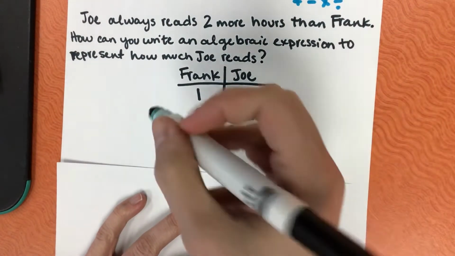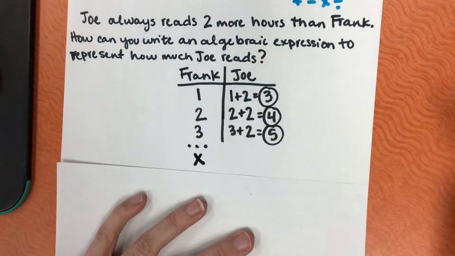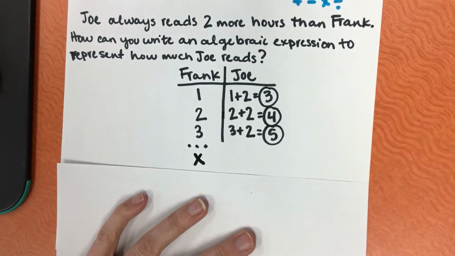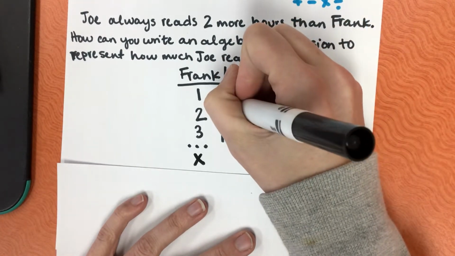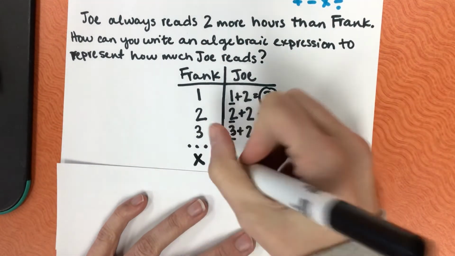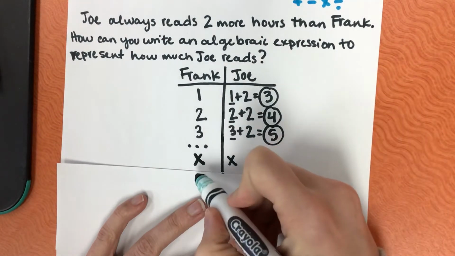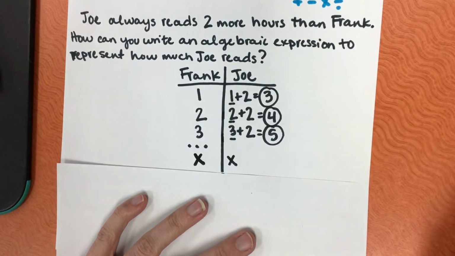So I'm going to use the variable X. I'm just going to say Frank read X hours. If we follow this pattern of always starting with what Frank read, X hours, we know that whatever Frank reads, Joe reads 2 more hours than that.